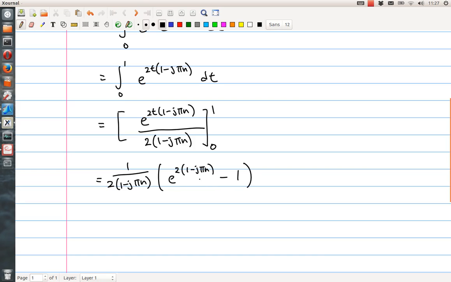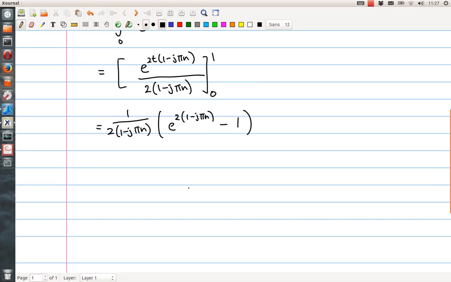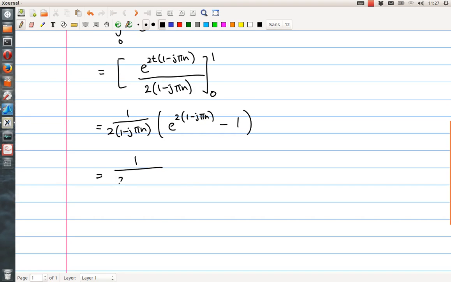Now, you could argue we could take this a little bit further and ask what happens if we expand this. For instance, here we have e squared times e to the negative j 2 pi n, minus 1. This is a magnitude of 1, going through a clockwise rotation of integer multiples of 2 pi.